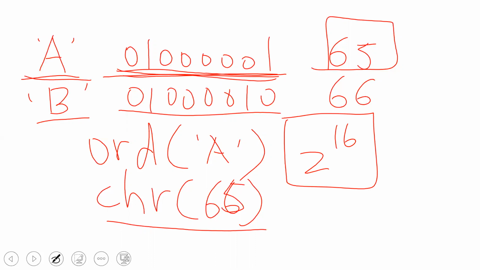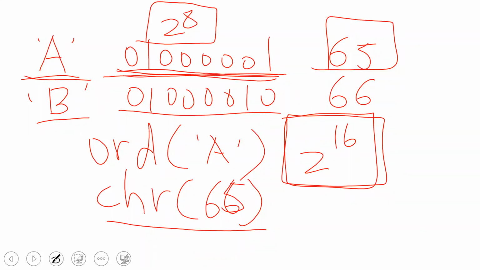That's called Unicode. ASCII uses 8 bits, which is 256. Unicode is more than enough for all the characters in any language in the world. ASCII is a subset of Unicode. It's part of Unicode, the 1 byte of the Unicode. Unicode uses 2 bytes.